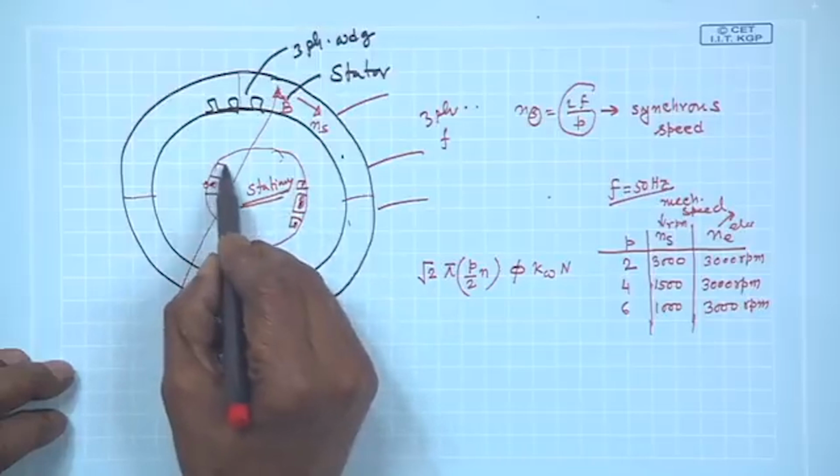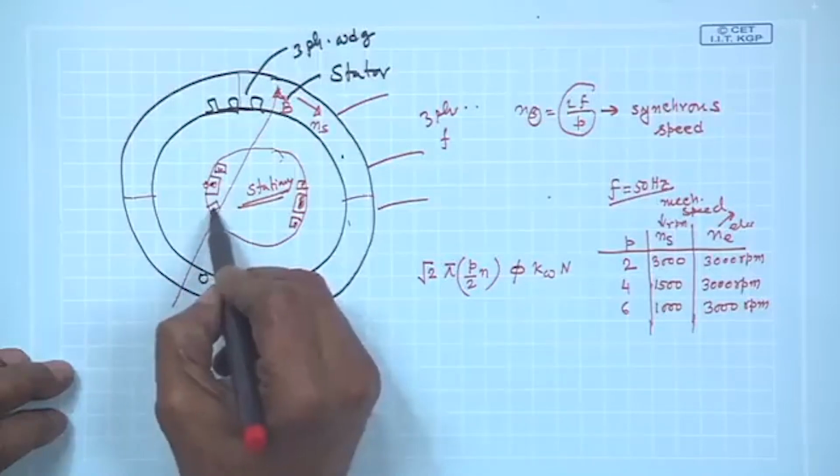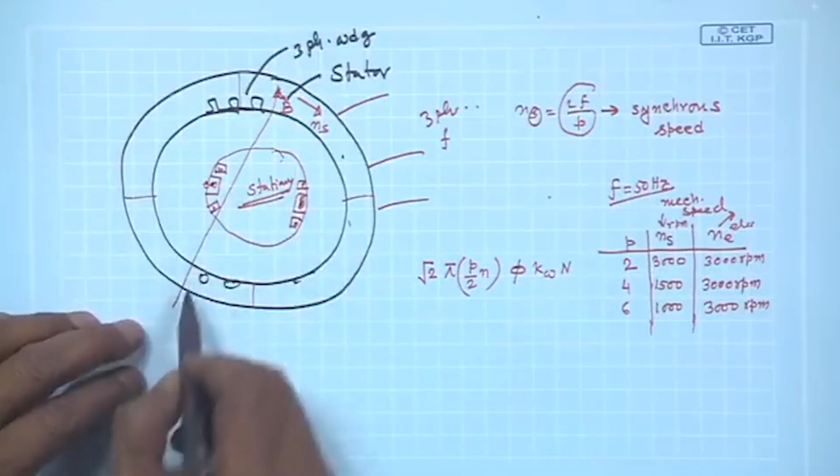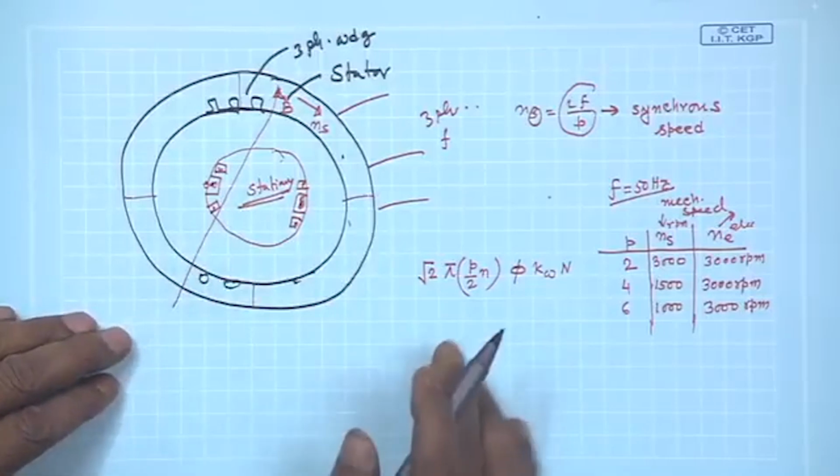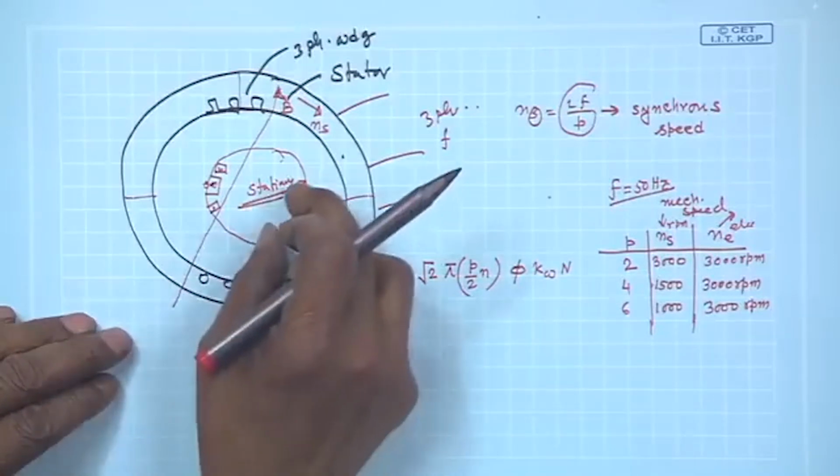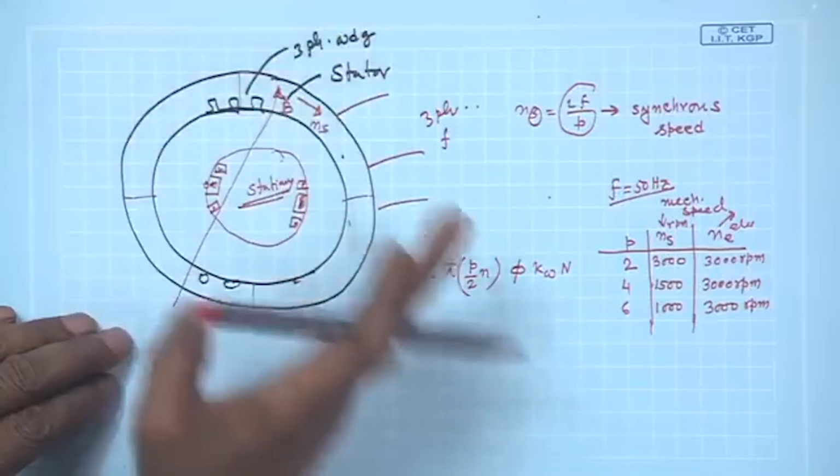Suppose a single phase coil, distributed coil, it is stationary. So, I want to calculate what will be the induced voltage because of this B.